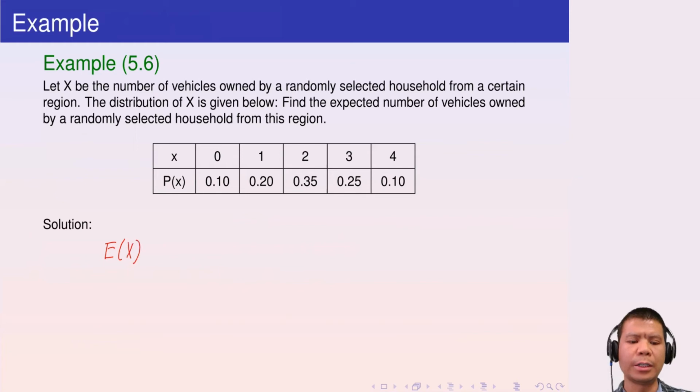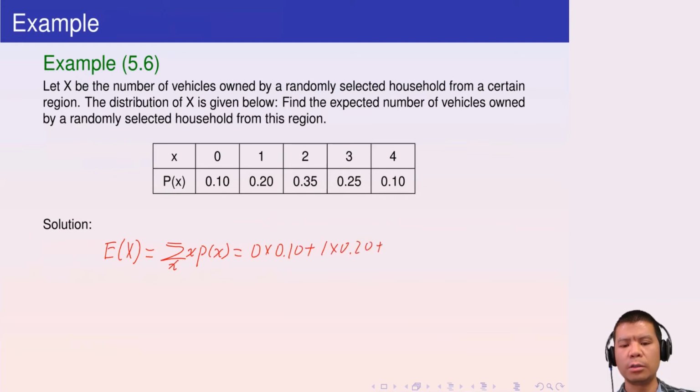We know the expectation equals the summation of the products over X. So we see that 0 times 0.10 plus 1 times 0.20 plus 2 times 0.35 plus 3 times 0.25 and finally 4 times 0.10. And you can calculate that.